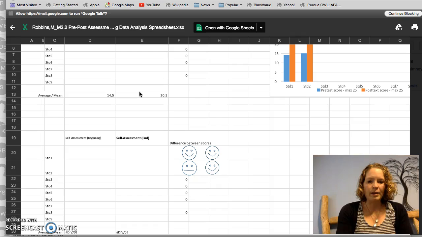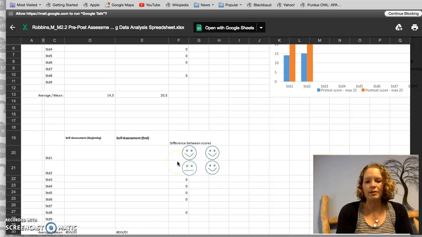And down here on the bottom, I thought this would be a good way to assess the students too, in the beginning and in the end. So basically, they are just choosing between a happy face, a medium face in the middle, and a sad face. The happy face basically means I know all about wildlife trading, I feel like I could teach it.